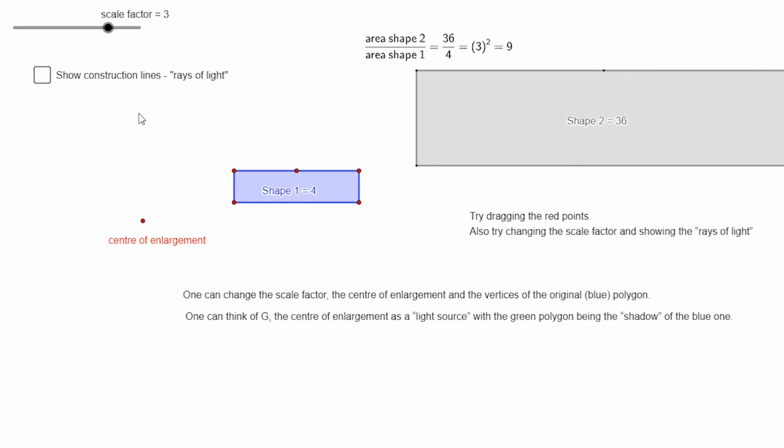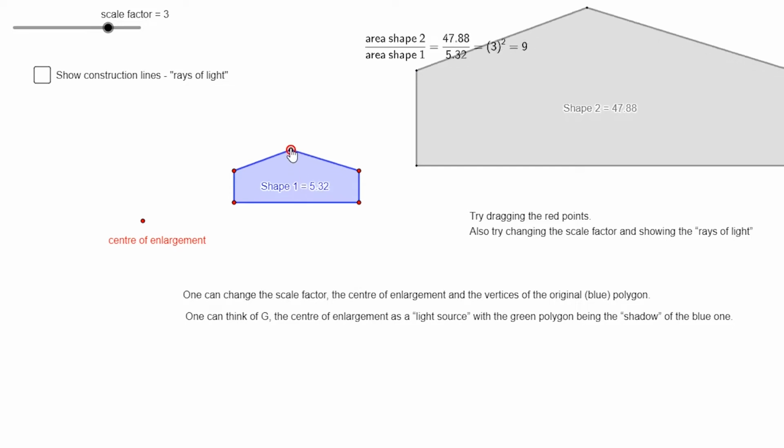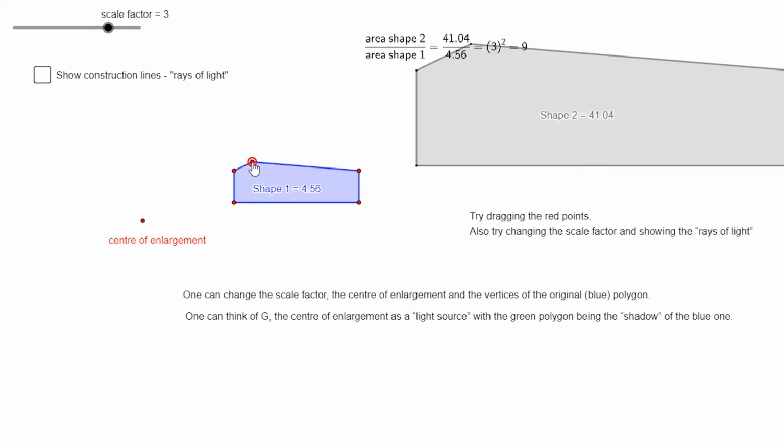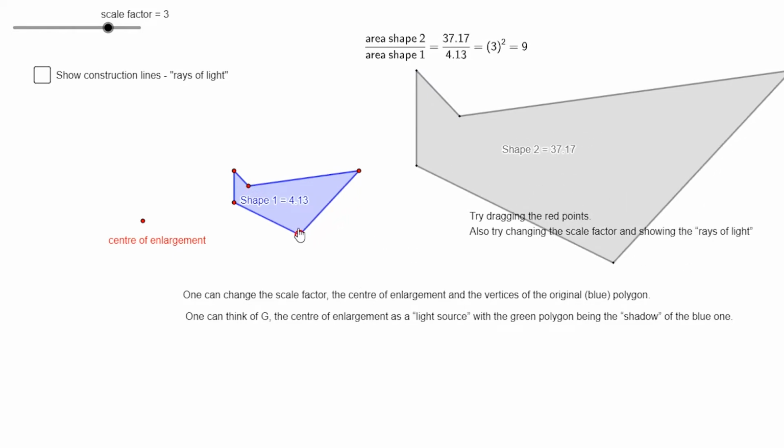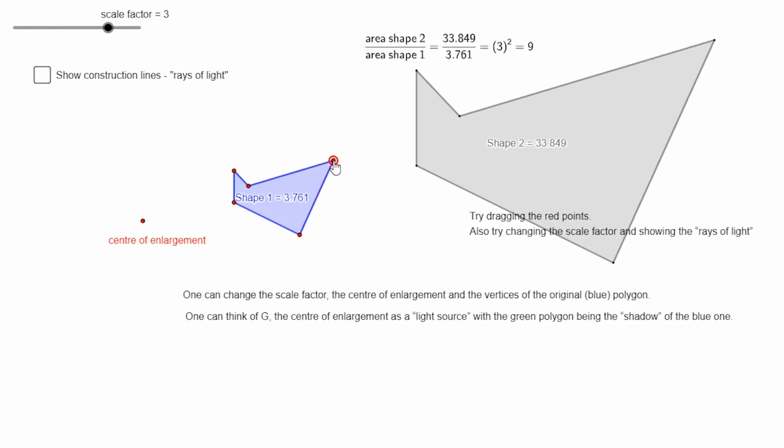Now, all of this is easy to see with rectangles, but in fact it's true for any shape. If I change this shape, any two similar shapes, including a triangle, whatever shape it is, if the sides are in the ratio a:b, the areas will be in the ratio a²:b².